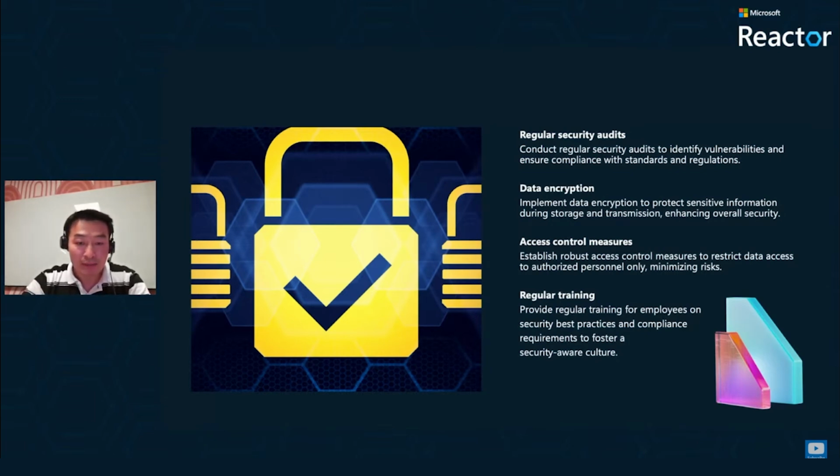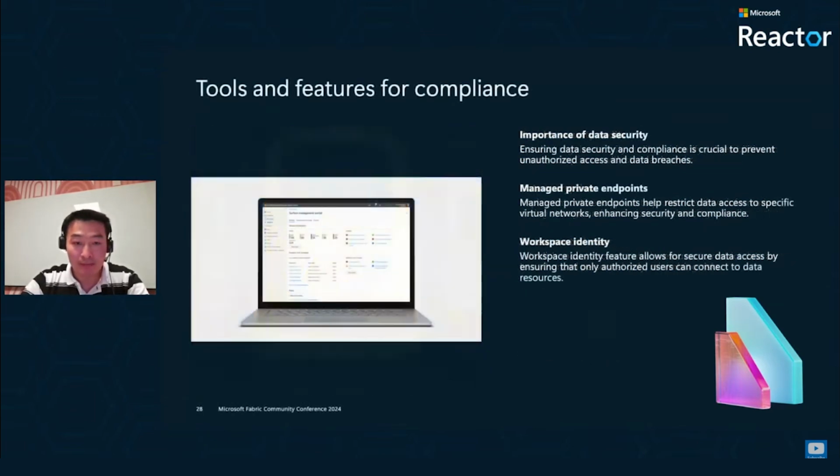Moving to the next page, it talks more about the tools and features to help you ensure security. Data Factory in Fabric provides a bunch of security-related features so that you can ensure your data security by managing the private endpoint or the workspace identity, to ensure compliance and prevent any unauthorized access.